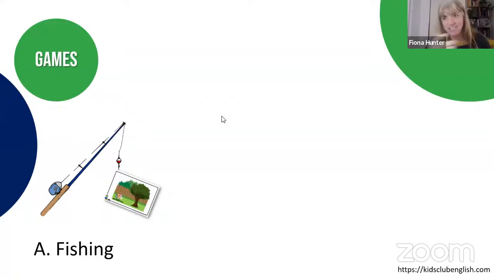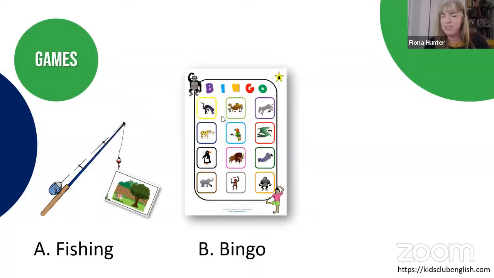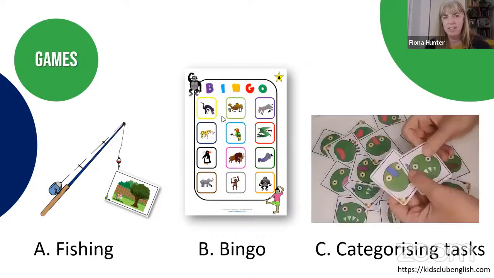So rather than just garden, they've got the full sentence. I did that game the other day with clothes, I think. So it's like, I'm wearing trousers, and they fished trousers, rather than just trousers. Bingo is another one, easy to put in the whole phrase there. I think that one's from a story, From Head to Toe by Eric Carle.